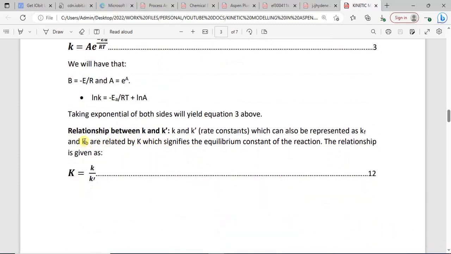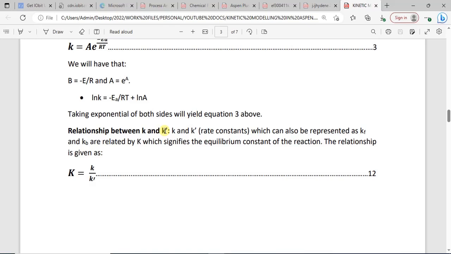So the next thing now is to specify the relationship between k and k prime. So k is kf, which is the rate constant of the forward reaction, and k prime is kb, the rate constant of the backward reaction. So what is the relationship between these two? The relationship between these two is big K, or capital K, which signifies the equilibrium constant of the reaction.